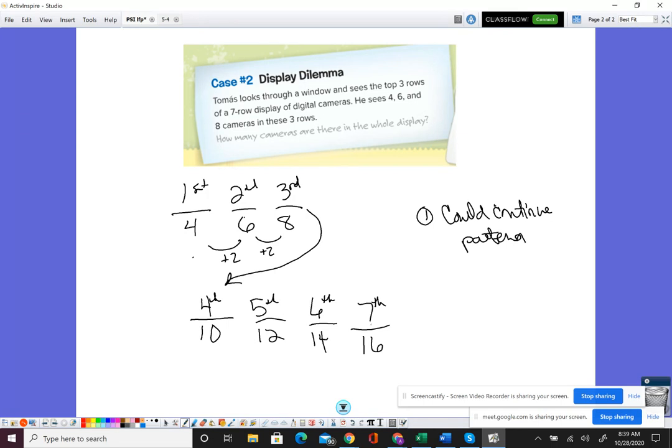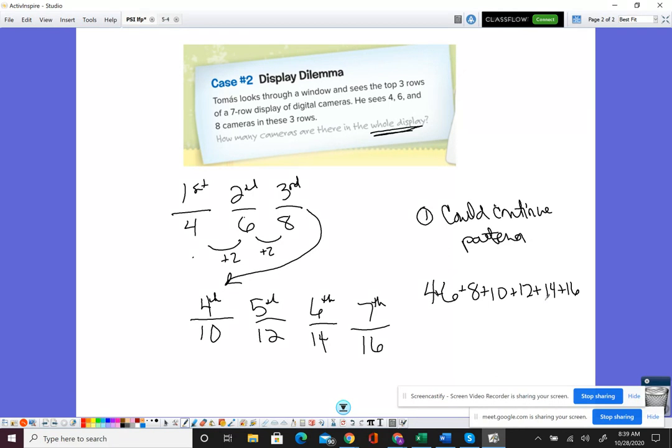So we have each of the rows figured out. What do we have to do to figure out how many are in the whole display? Yes, we're going to have to add all those rows up. So 4, 6, 8, 10, 12, 14, 16.